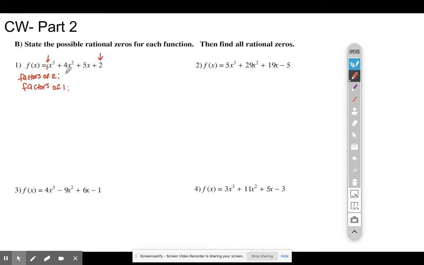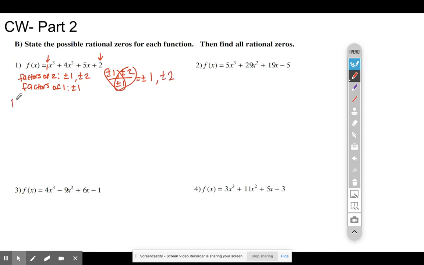Okay, the only thing that multiplies to get 2 is 1 and 2, so you have plus or minus 1 and plus or minus 2. The factors of 1 are just plus or minus 1. So when you divide plus or minus 1 and plus or minus 2 by plus or minus 1, it doesn't matter. You just get plus or minus 1 when you divide by 1, and when you divide by 2, you just get plus or minus 2.